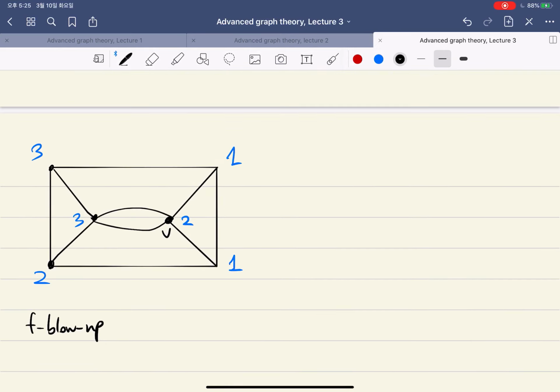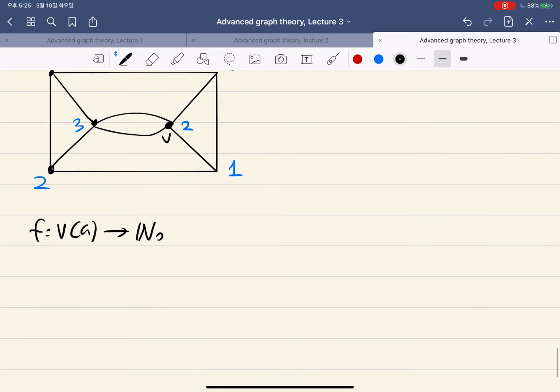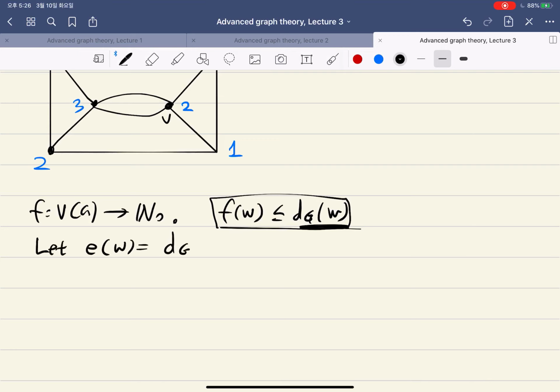Let's consider some function f from the vertices to non-negative numbers. Of course, there are some conditions that need to be satisfied, otherwise it's impossible to find the f-factor. First is that f of w must be at most the degree of w.